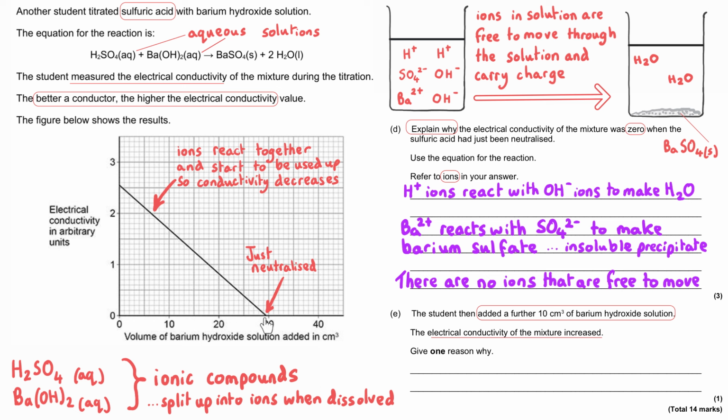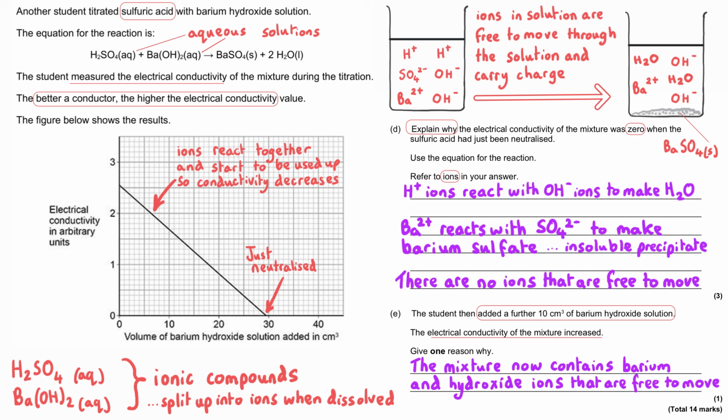Well, we said that at the point of neutralisation, all of the ions from the acid had been precisely neutralised by all of the ions from the hydroxide, whereas now we have an excess of barium hydroxide solution, and this solution contains ions. And so specifically, our mixture will now have barium ions and hydroxide ions that are free to move through this solution and carry charge.